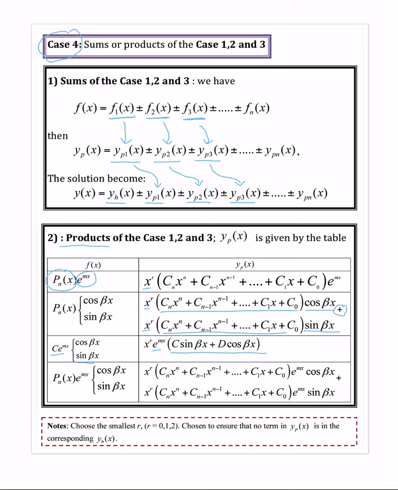If we have all of them, polynomial multiplied with exponent multiplied with cos or sine, it can be polynomial times exponent times cos plus polynomial times exponent times sine. This is how we determine the yp, which is the particular solution for the non-homogeneous equation.